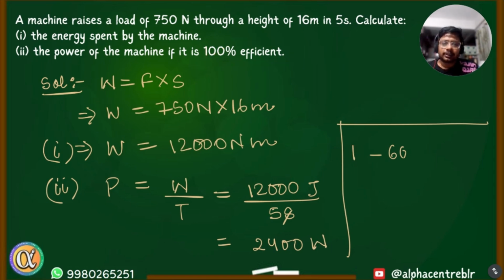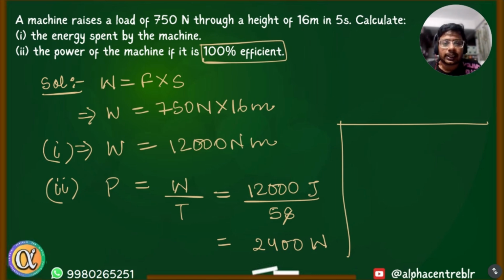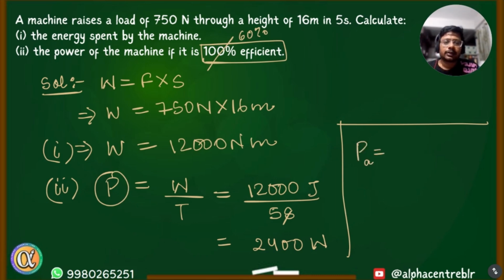As I said, since in this question it's 100% efficient, we leave the answer as 2400 watt. But if it was given in the question that it is 60% efficient, then this is not the correct answer. After finding this, the actual power is 60% of 2400.